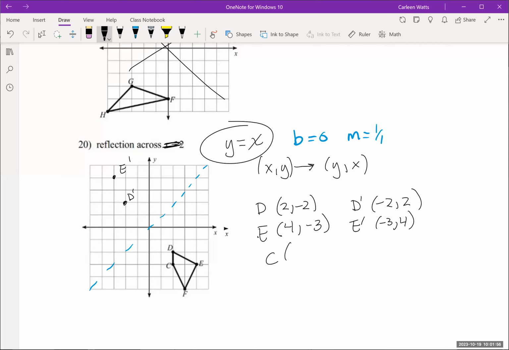C is 2, -3. C prime is -3, 2. Last one. F is 3, -5.